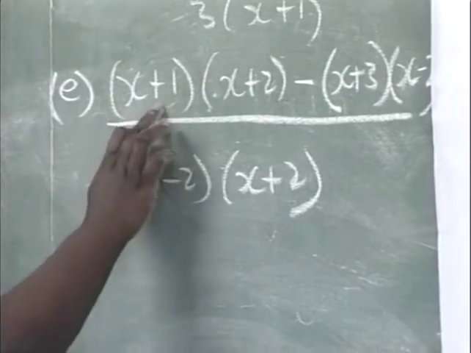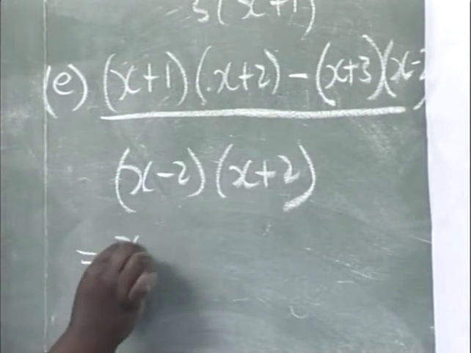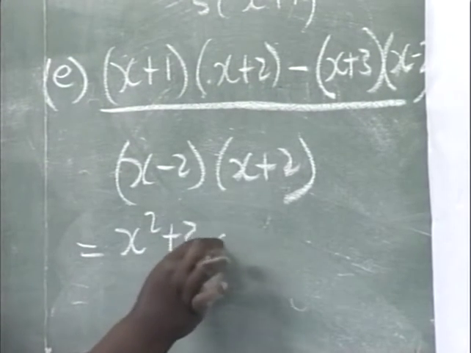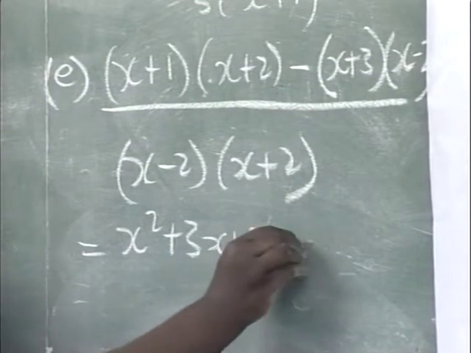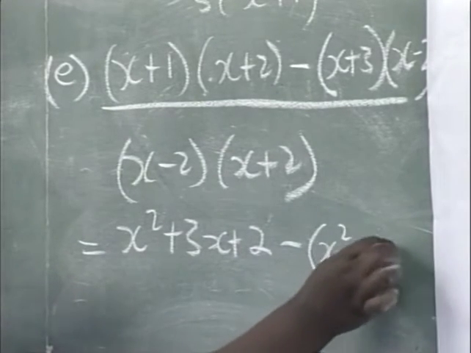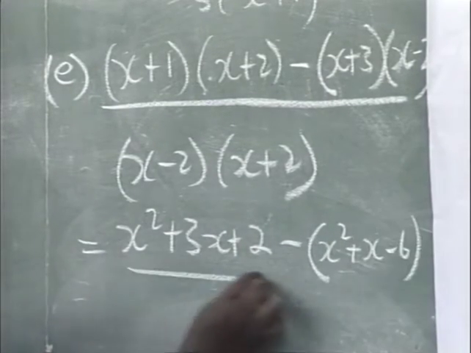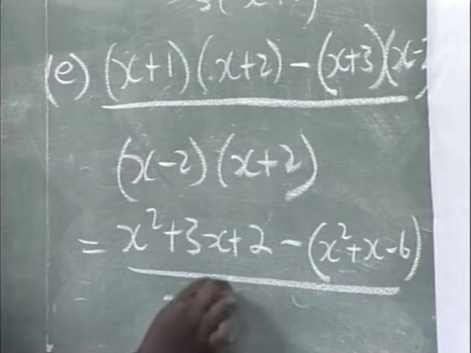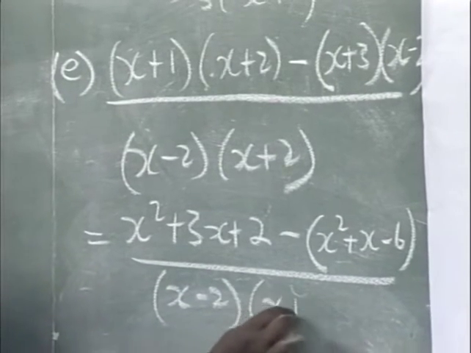Okay. X plus 1 times x plus 2 will give x squared plus 3x plus 2, minus this one, which will give x squared plus x minus 6, over x minus 2 times x plus 2.